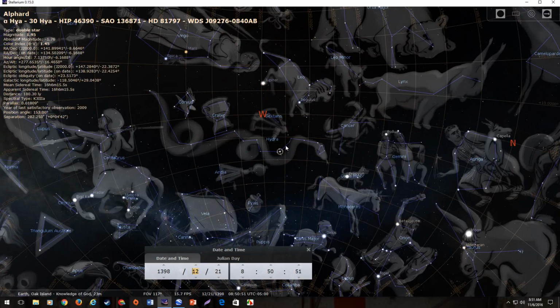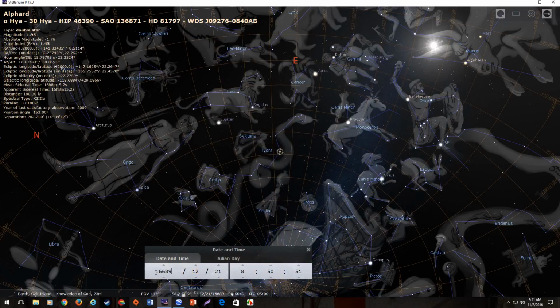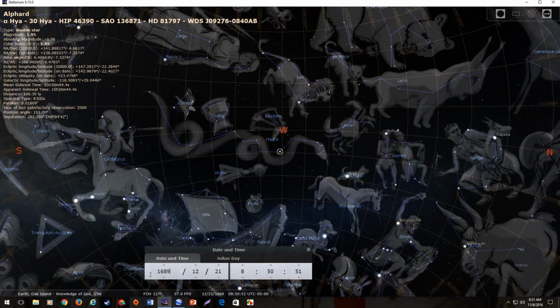Okay, below the horizon. Sextans is just past the west. Now if I went to 1689, as you can see, the sextant is right on W, and this is laying flat.